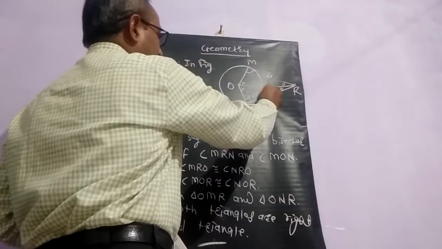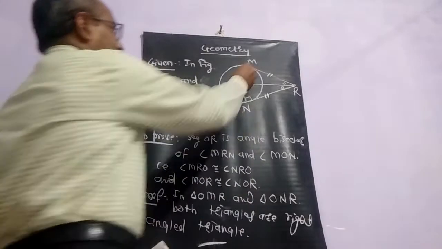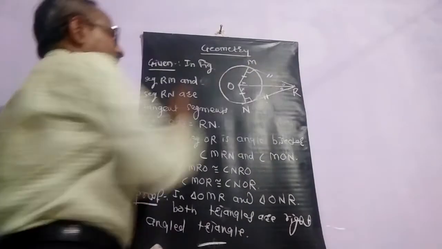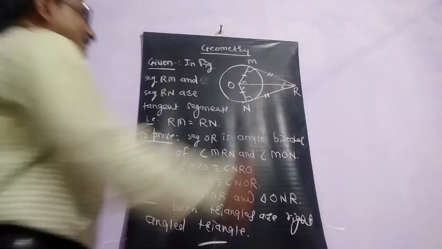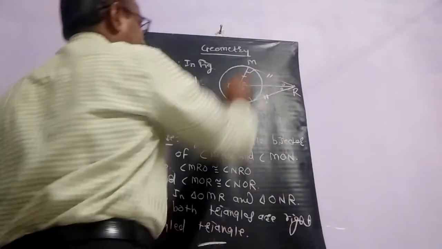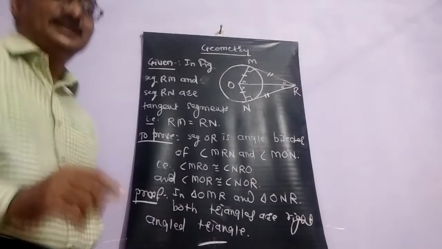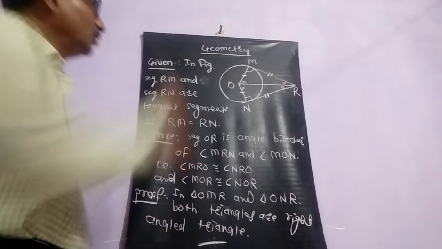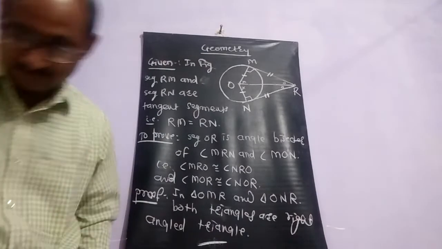This side is congruent to this side and this side is congruent to this side. By hypotenuse side theorem, we can prove both the triangles are congruent.